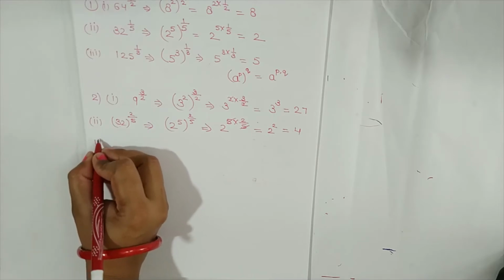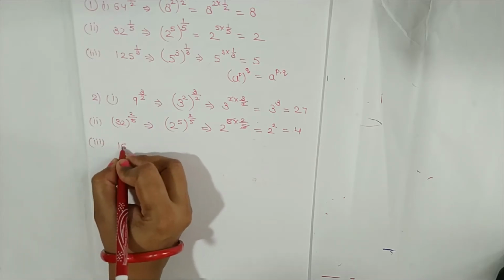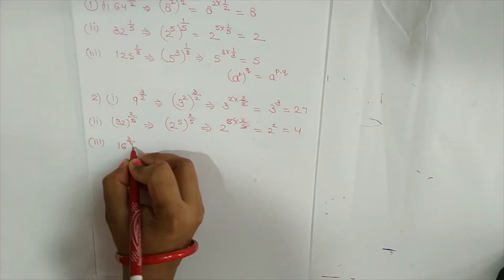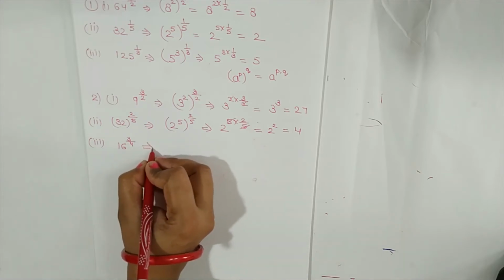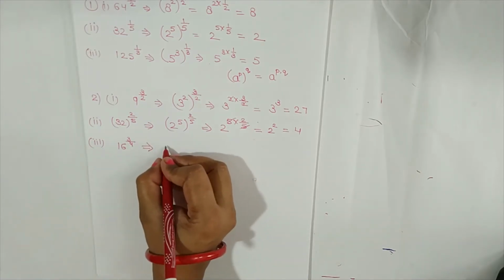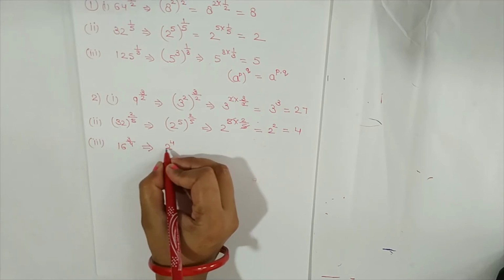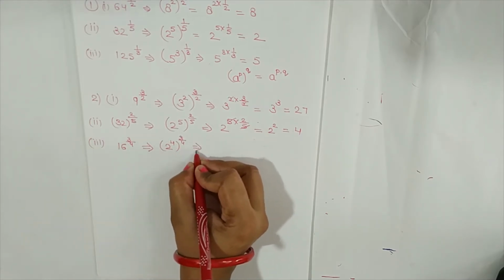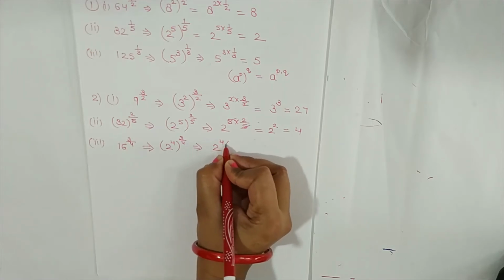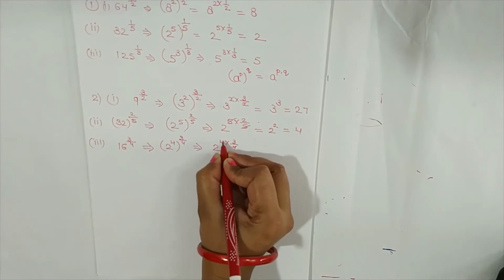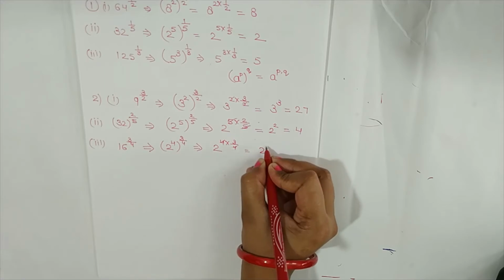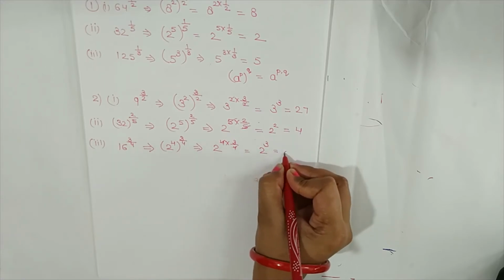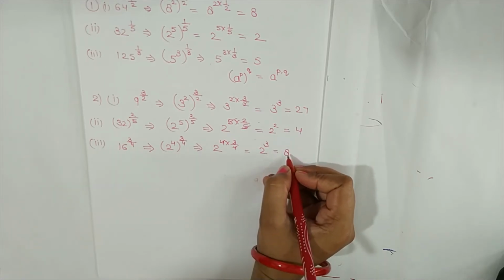Third part, 16 to the power 3 upon 4. It can be written as 2 to the power 4, which becomes 16, then the whole power 3 upon 4. So it can be written as 2 to the power 4 into 3 upon 4. 4 and 4 cancel, so the remaining is 2 to the power 3. Now it becomes 8.